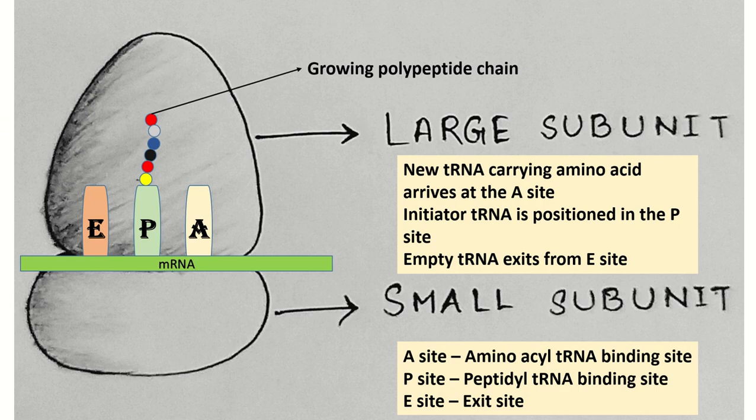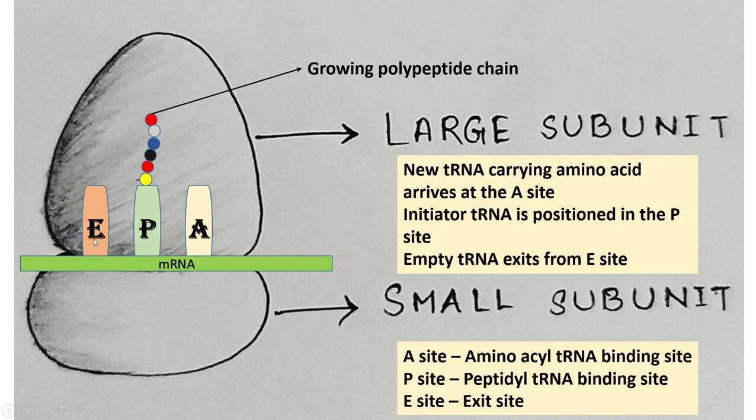Now let's see about its structure. In a ribosome, you see one large subunit is there, one small subunit is there, and these subunits together take part in the synthesis of polypeptide chain. This has got an E site, a P site and an A site.